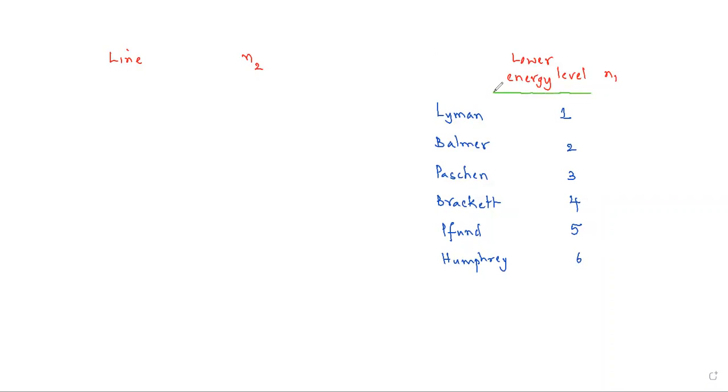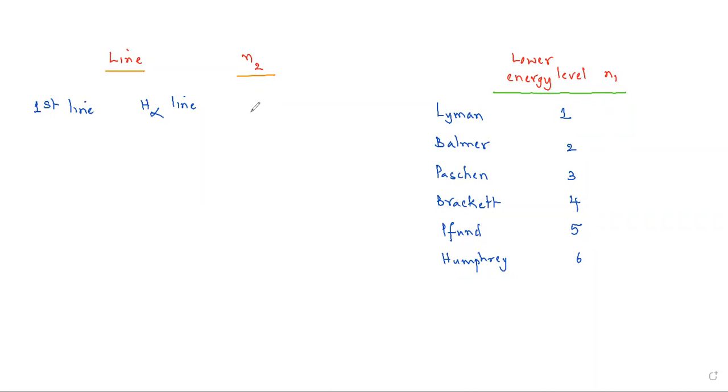But the thing is, what is N2? Now for N2, you need to have some specific information of what the line is. The first line in any series is called H alpha line.